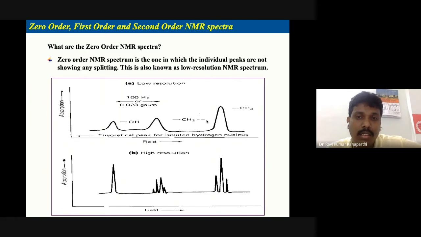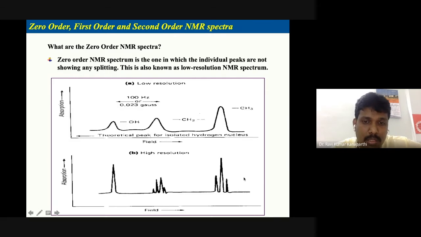And this is a simple ethanol molecule NMR spectrum, which is theoretically predicted. You can see these are not split, whereas in the bottom, you can see the NMR signals are split. This spectrum which is not split, we call it a zero order spectrum.